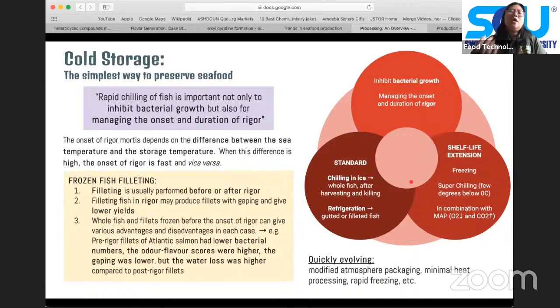This is usually applied after the fish is gutted or filleted. The extension from that standard storage could be freezing and then super chilling. Super chilling is chilling at quite low temperature. Usually chilling happens at 5, 10, 12 degrees Celsius, but super chilling is conducted a few degrees below 0 degrees Celsius.